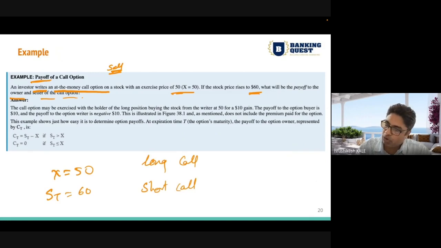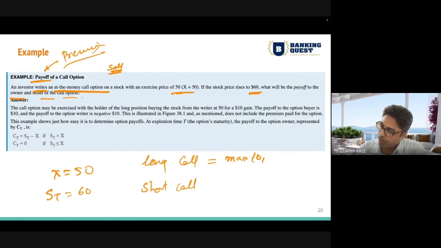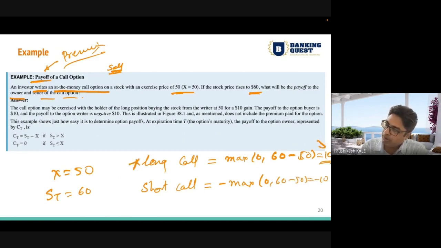If he is asking for payoff, we will not consider the premium. So payoff for long call option is nothing but max of 0 comma 60 minus 50, and your answer comes out to be 10. For short call, it's just the minus of that. That's it. 60 minus 50, that is minus 10. So payoff for long call is plus 10. Payoff for short call is minus 10.